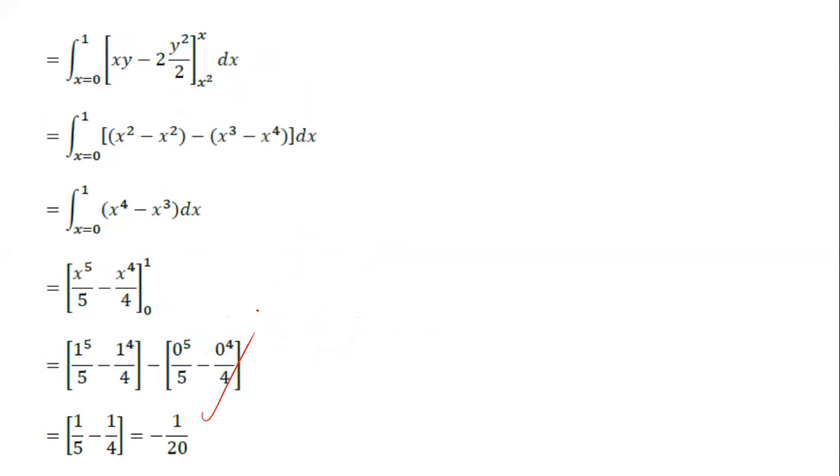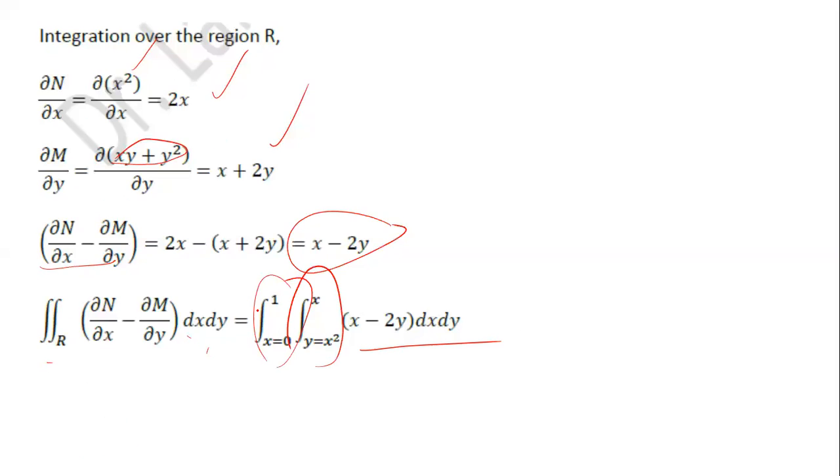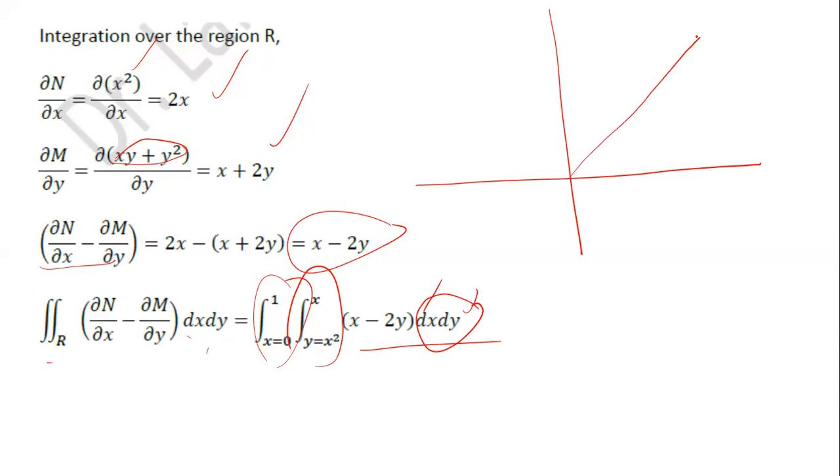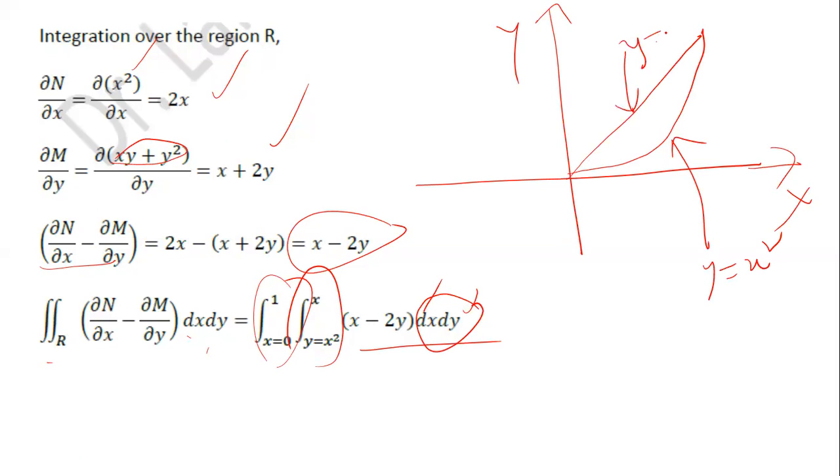The reason we integrate over this is that we are going to perform integration with x and y, and this curve is defined by y equal to x squared, and this line is defined by y equal to x.